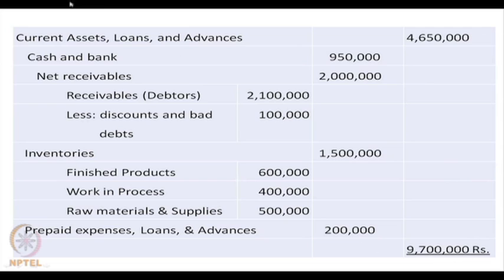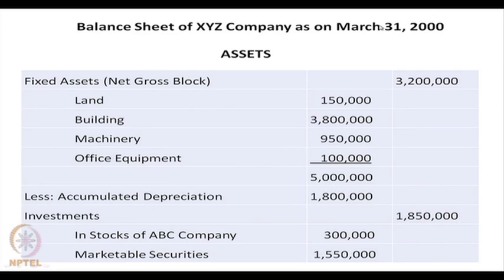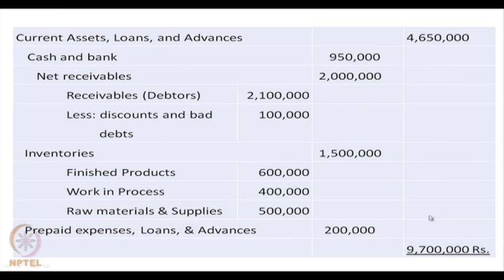So, this is the asset position. Total assets of the company as on 31st of March 2000 is 9,700,000 rupees.